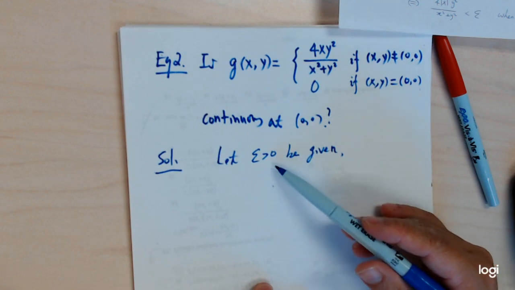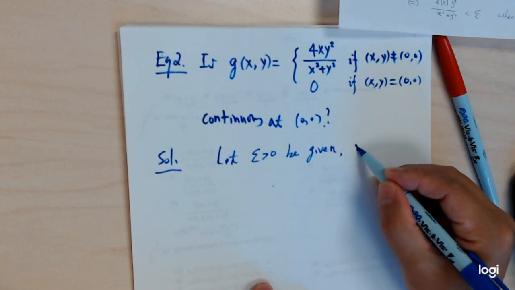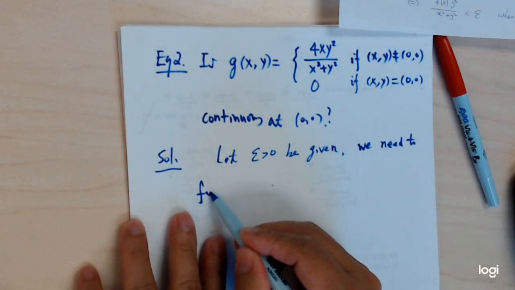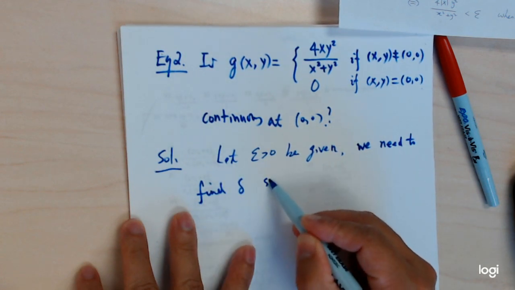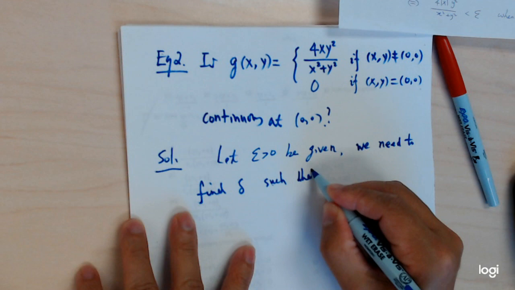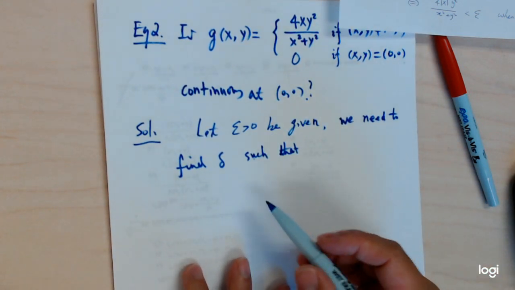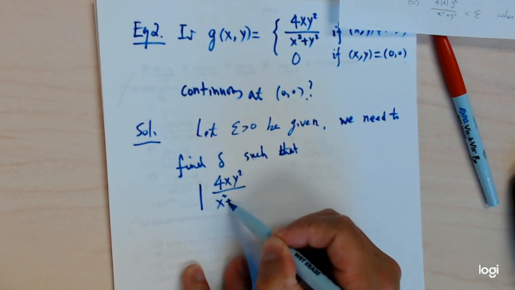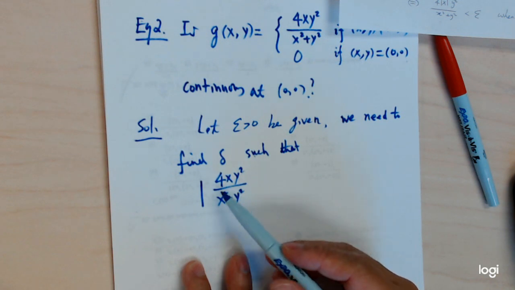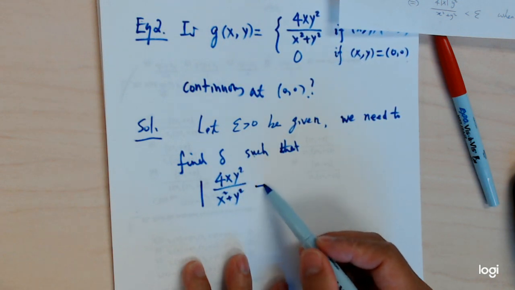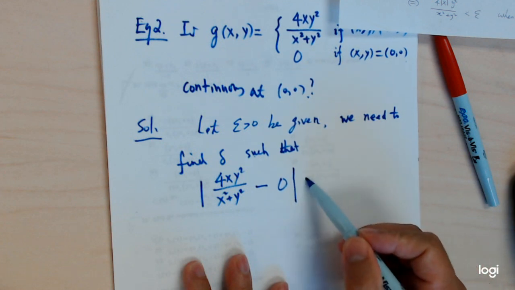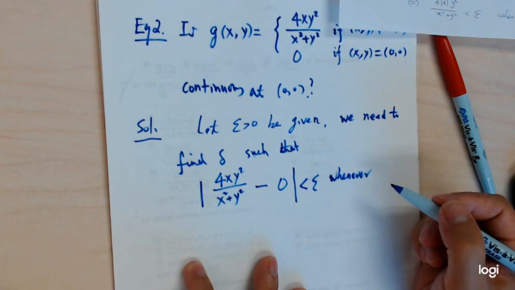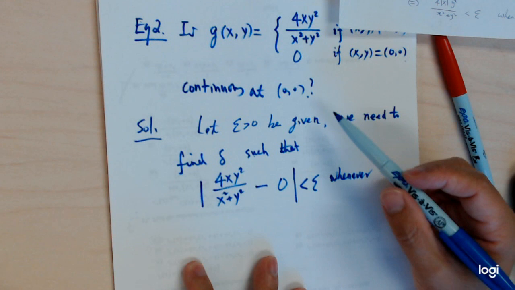So here we have an arbitrary epsilon. Need to find the delta so that the difference between the function's value and the proposed limit, which is 0, is less than epsilon whenever the distance from the point is small.